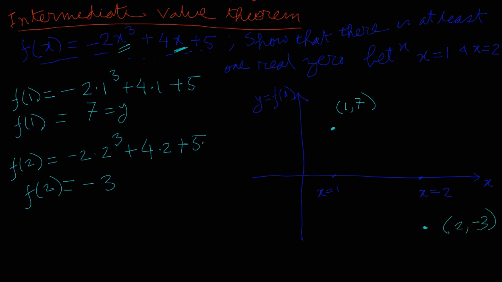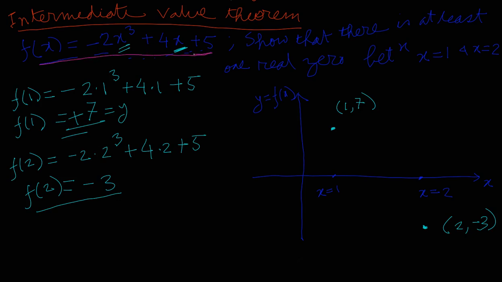Now as you can see, function of 1 is +7 and function of 2 is -3. So one point is above the x-axis, another point is below the x-axis. So both have opposite sign. Now we know the property of any polynomial function. That polynomial function is continuous.